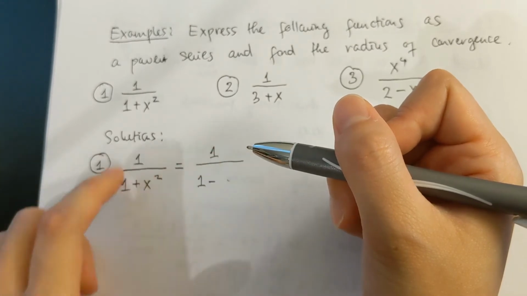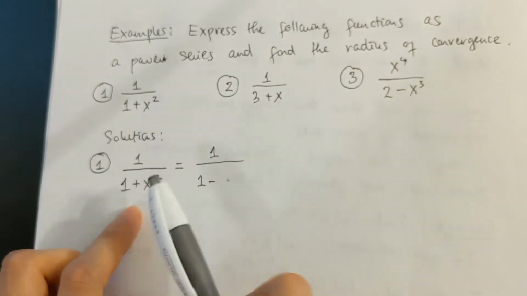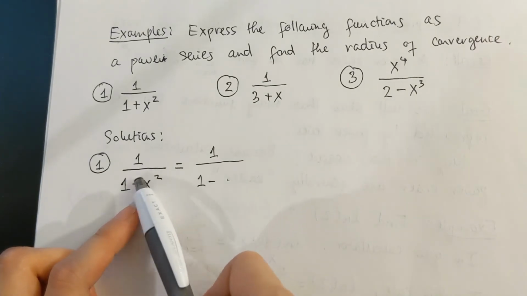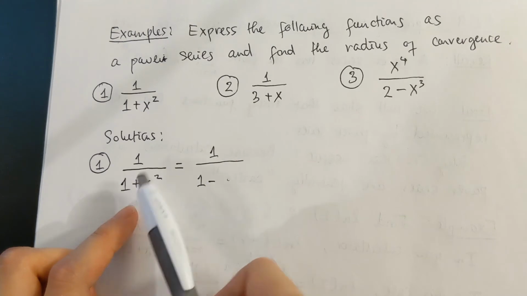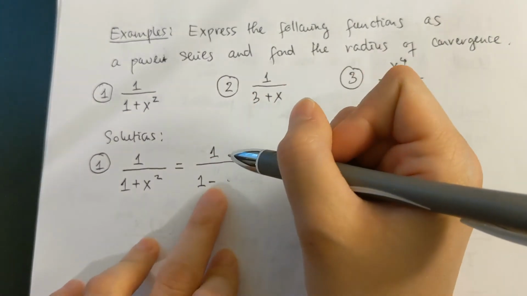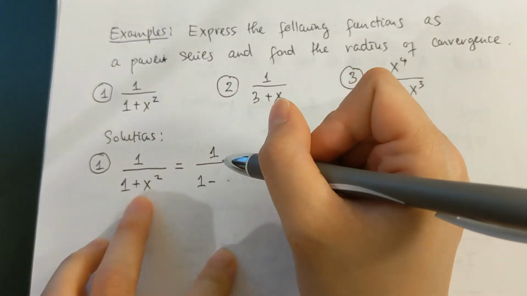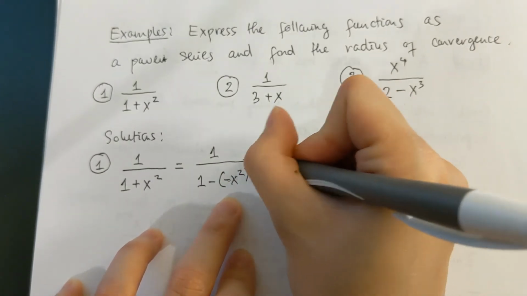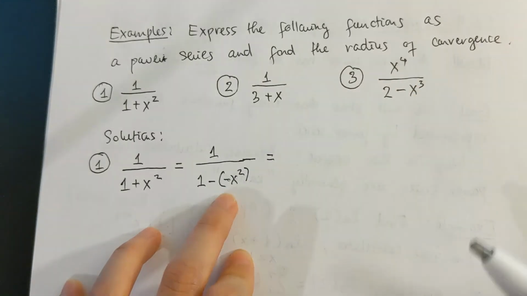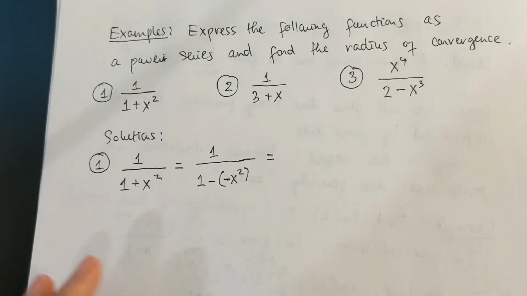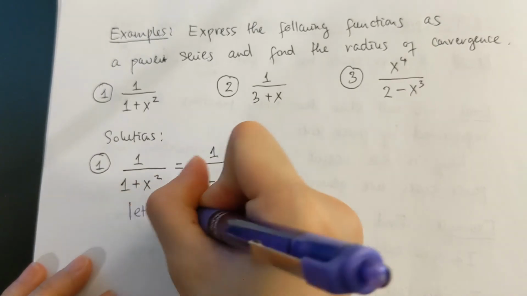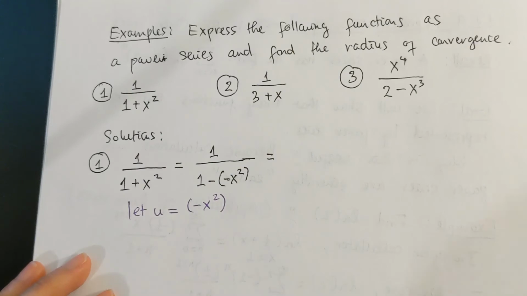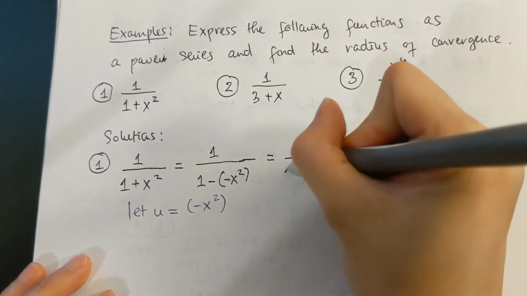This part is the same, this part is the same. It's just this part that looks different. So I will make this a minus u. I would rewrite the plus x squared as 1 minus x squared. Now if I let my u be minus x squared, then this becomes 1 minus u.